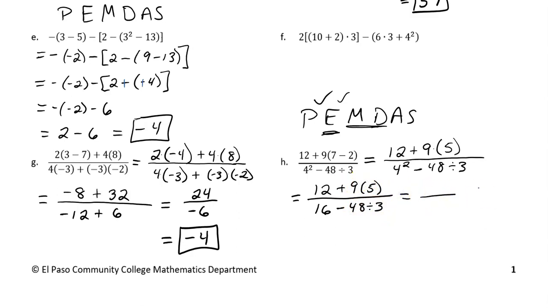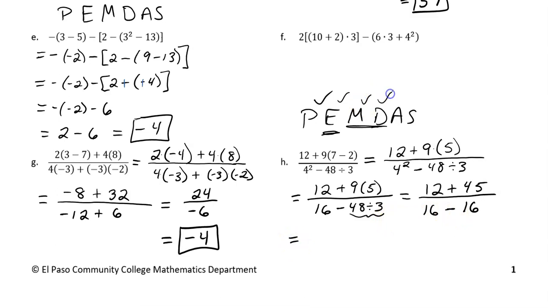feeling pretty good. I think we can do those at the same time. We have 12 plus, 9 times 5 is 45. We have the 16 minus, let's see, 48 divided by 3. Well, that gives me a 16. All right.